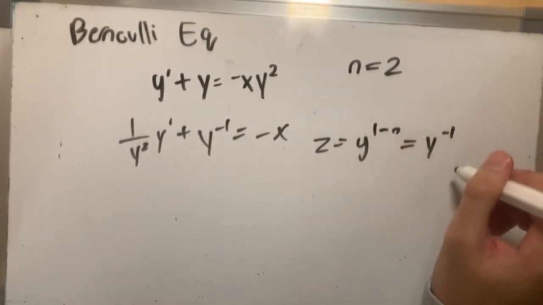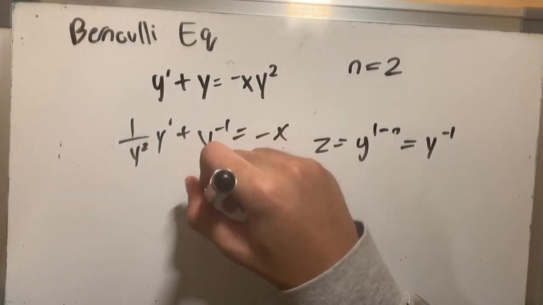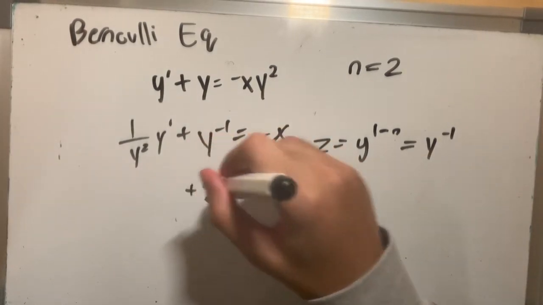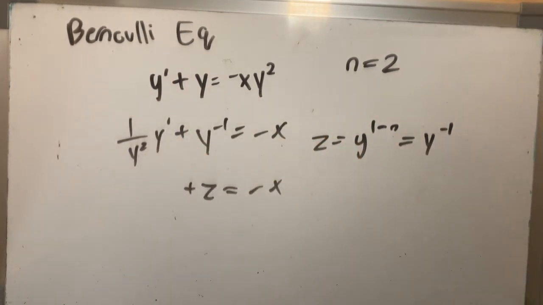So we have z, which is y to the negative 1, which we can substitute in here. That's easy. Plus z is equal to negative x. But what about this? We have 1 over y squared times y'. How do we substitute that?